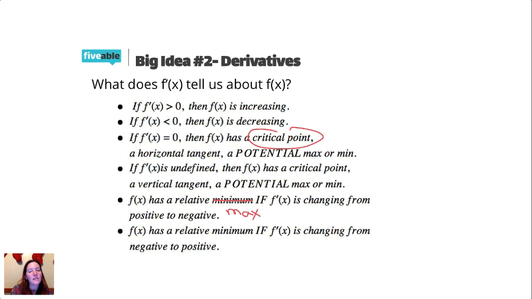F of x is a relative max if f prime of x is changing from positive to negative. F of x has a relative minimum if f prime of x is changing from negative to positive. So when you find a critical point, you then check the signs on either side to see if it's changing. If it's changing, then you know you have a max or a min.